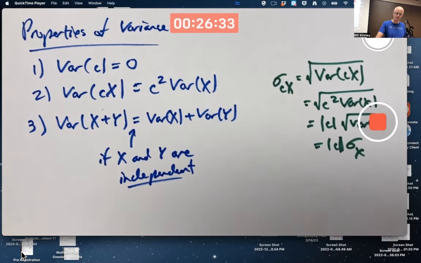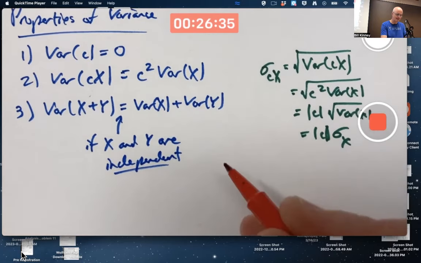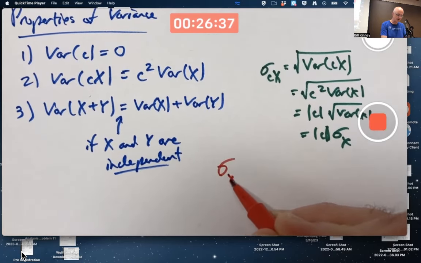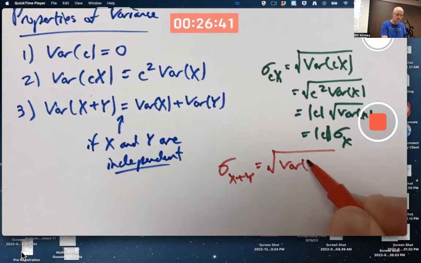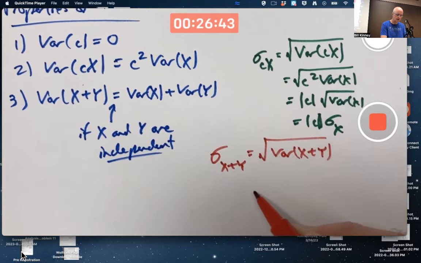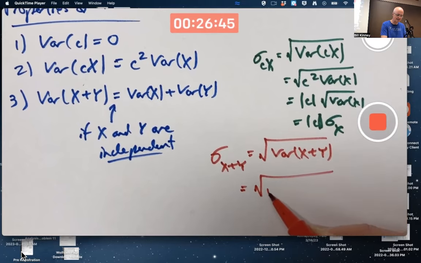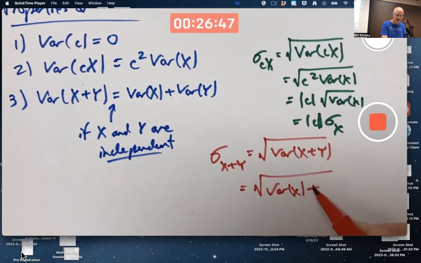And by the way, the corresponding property for standard deviations, if you wrote it with subscript notation, would be this. And this cannot be simplified any further.